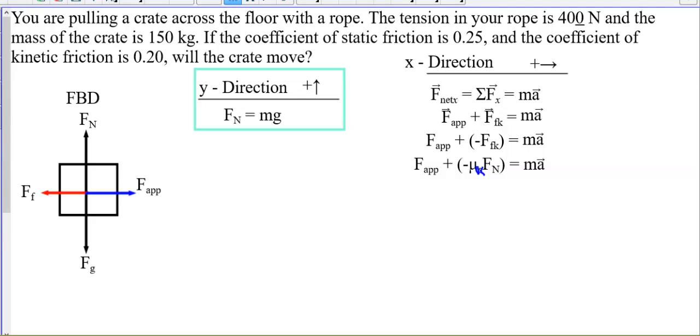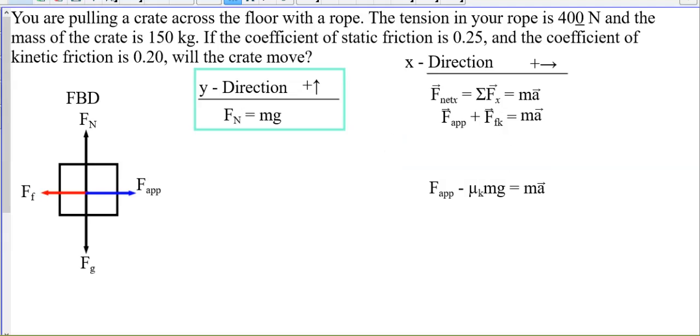Very often I would just skip these steps and go straight to this last step. So my applied force is subtracted by my equation for my kinetic friction. Often I just skip those and delete them in this video, which is great because there was a typo in there that bothered me.